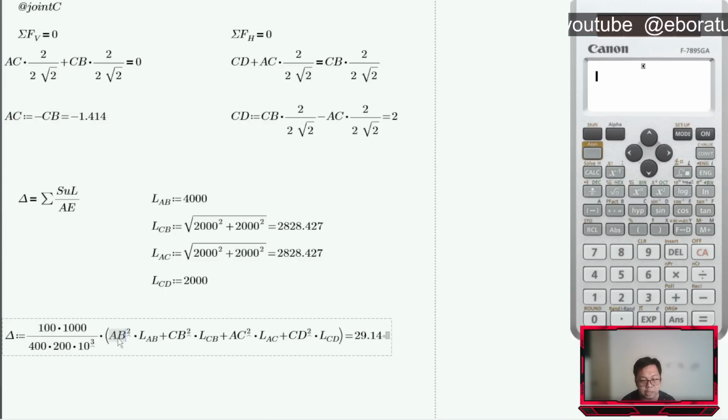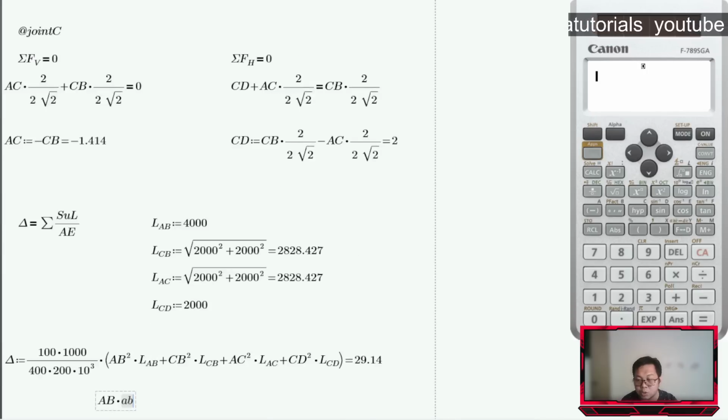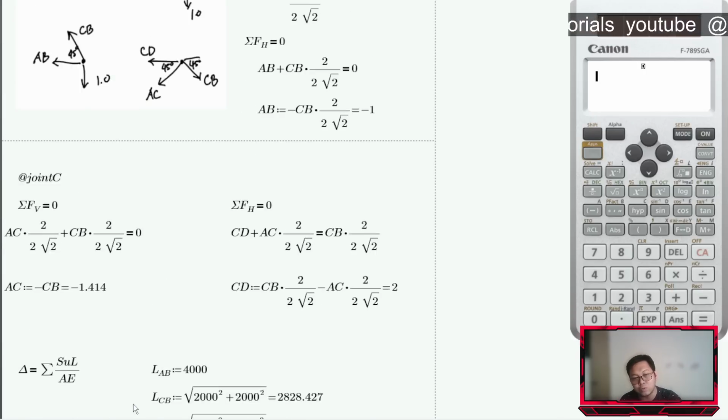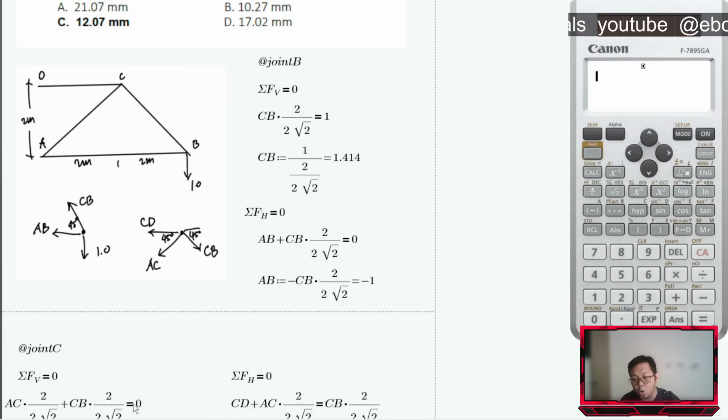Okay, so baka magtaka kayo, saan galing yung AB squared? Actually, that is AB, actual bar force, multiplied by the small AB, which is the virtual bar force. However, ang nasolve ko so far sa problem is only the virtual bar force. And then you will ask, sir, bakit hindi ka nag-solve sa actual bar force? Actually, I don't need to solve kasi same lang sila.